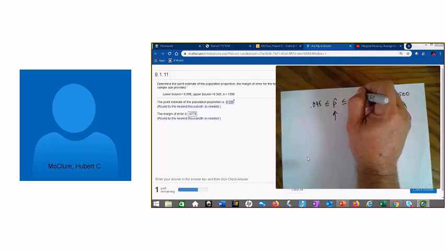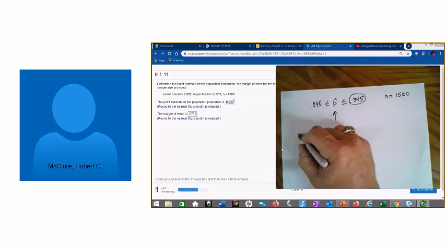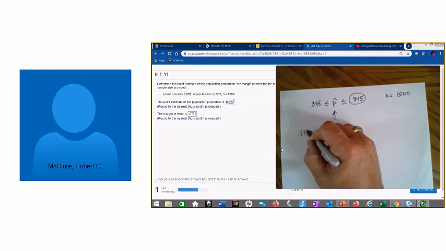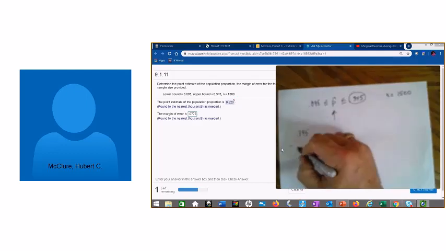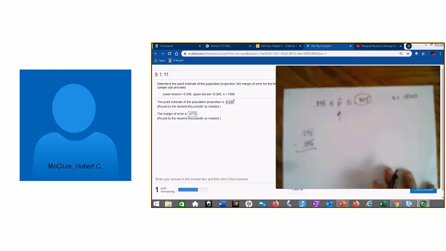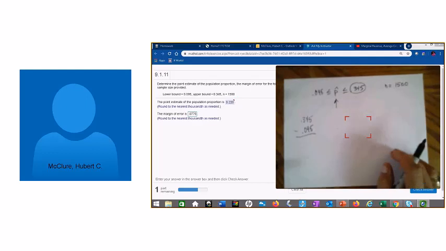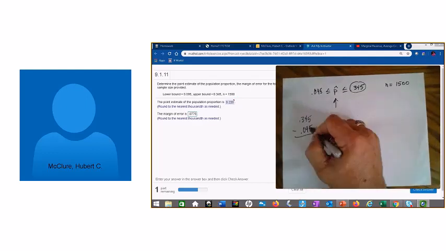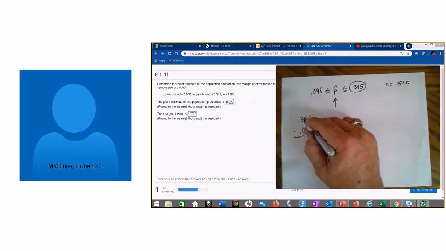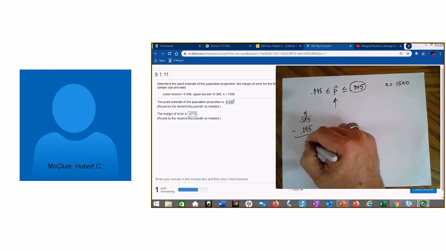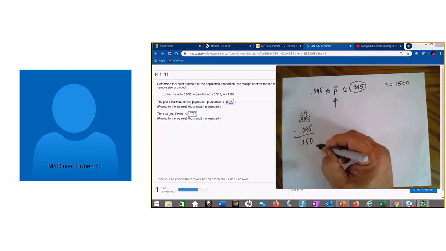Take 0.345 and subtract 0.095. You're just finding the midpoint. So that's 5 minus 5 is 0. 14 minus 9 is 5. And 2 minus 0 is 2. And divide that by 2.